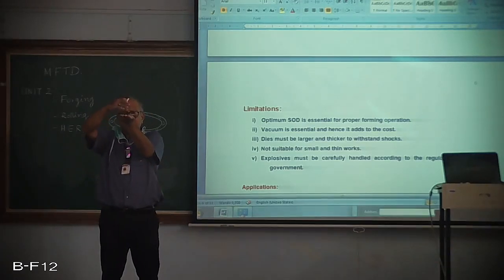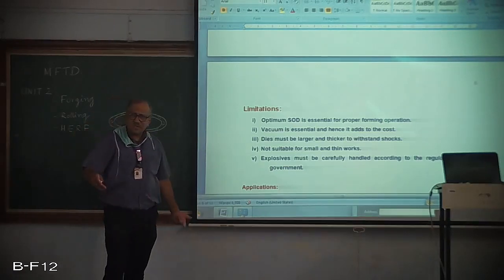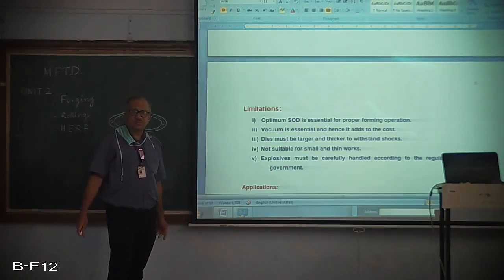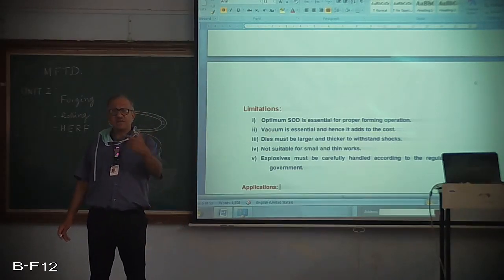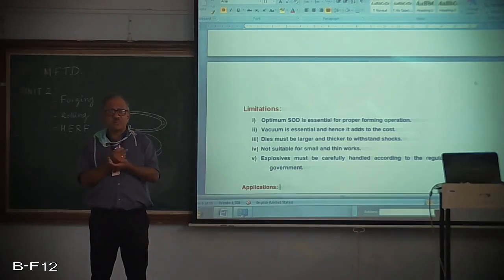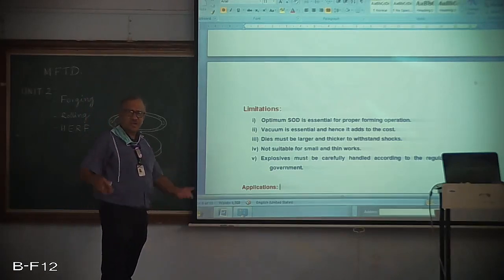keeping the charge very close to the workpiece might mean a more harsh application of the energy of the shock. Also, it might lead to non-uniform application of energy, leading to non-uniform shapes and tolerances.